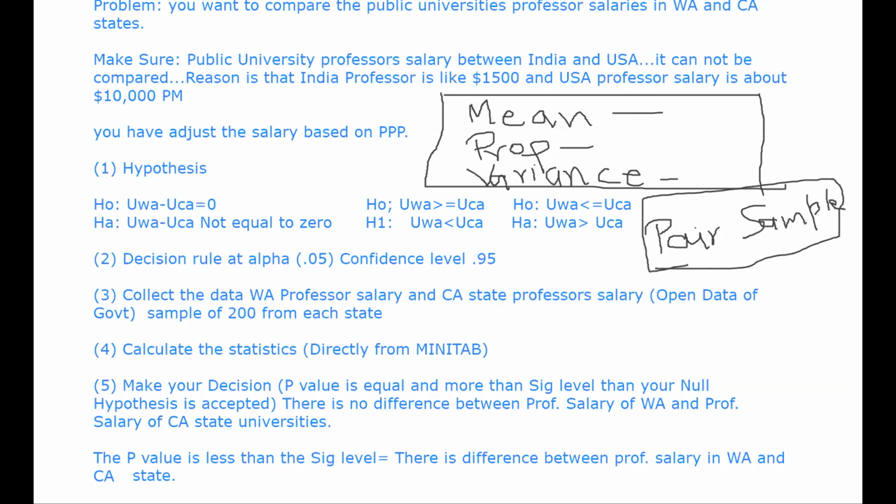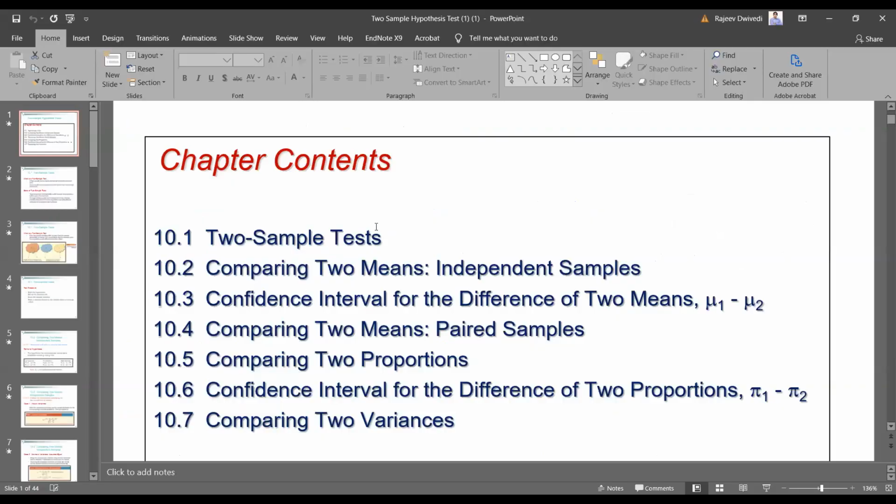Now look into two sample tests: comparing two means with independent samples, confidence interval for difference of means, comparing two means with paired samples, comparing two proportions, confidence interval for two proportions, and comparing two variances.